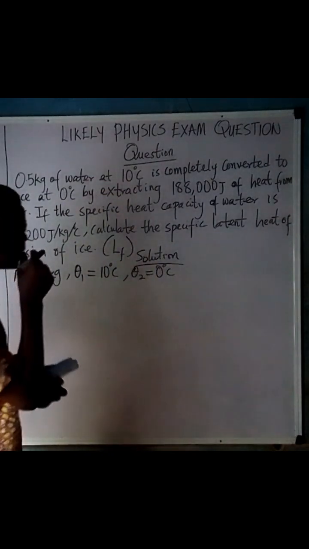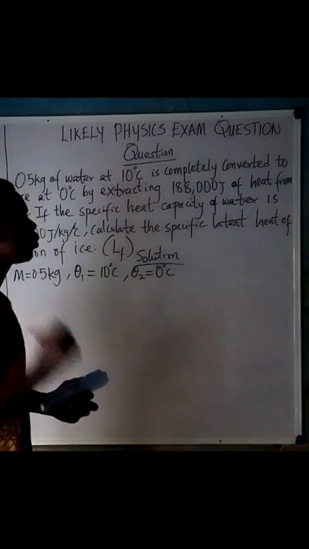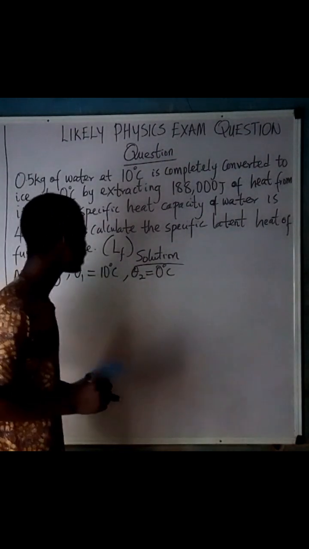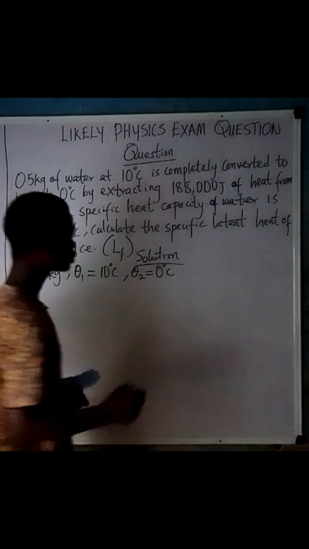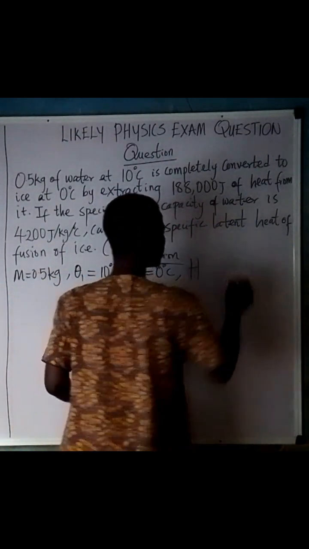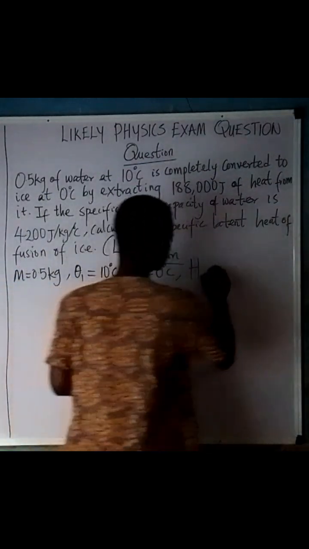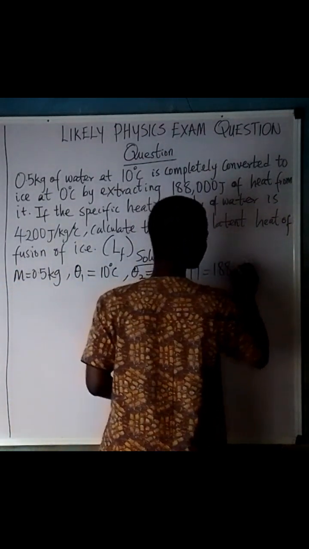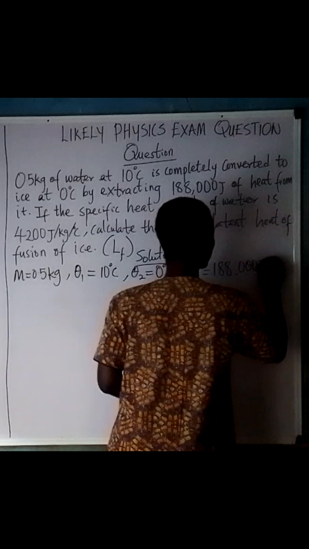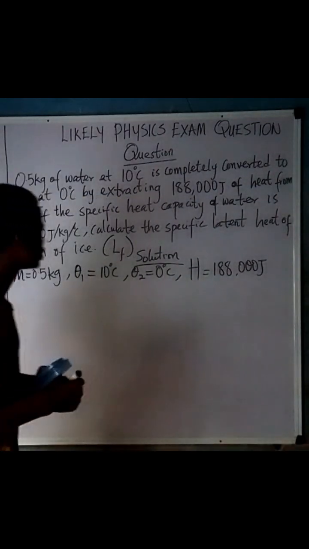Now what else did they say? By extracting 188,000 joules of heat. So we're given the value for capital H, heat, in this question. They say that is 188,000 joules.